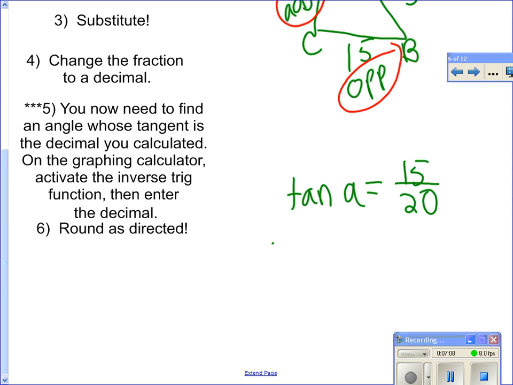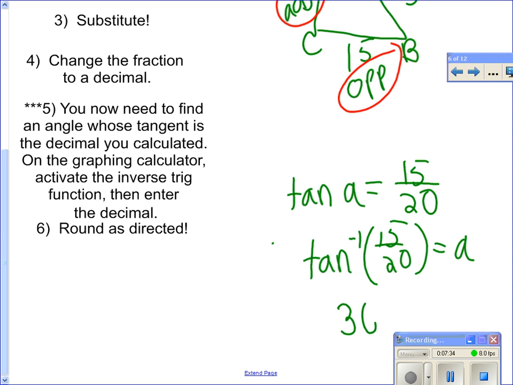Now here's where I'm going to use my inverse function. I'm going to say the inverse of tan, which is 15 over 20, will give me my angle A. So on the calculator, you just have to hit second tan, and then I'm going to put in the fraction, and I'm going to end up getting 36.9 degrees.